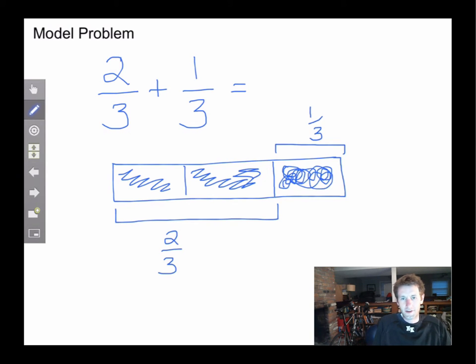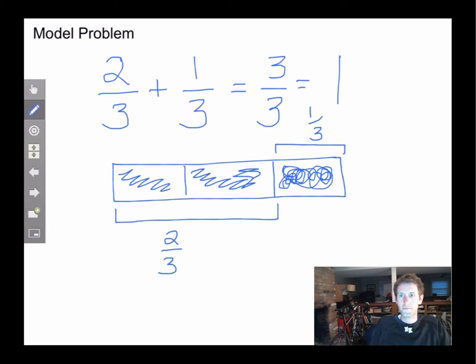In combining 2/3 and 1/3, I now have 3/3. But we all know that 3/3 is actually equal to one whole. And you'll see using the tape diagram below that I have shaded in and labeled that entire one whole.